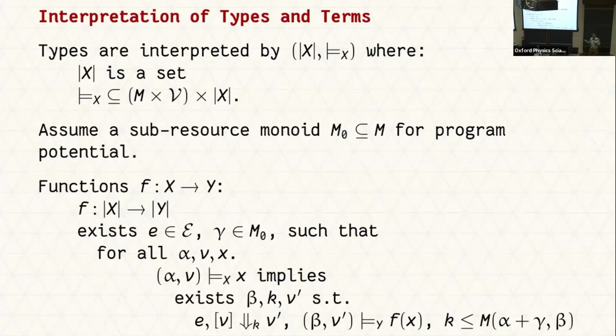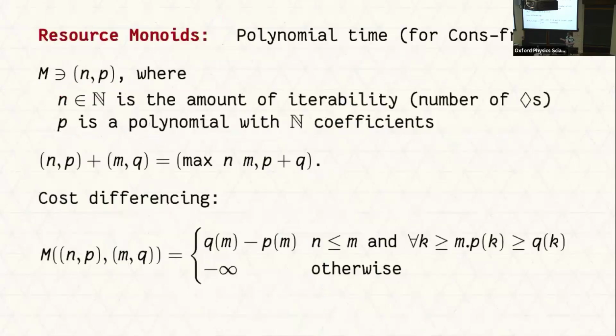This sub-resource monoid is only for top-level terms, where, in terms of the polynomial type ones, we're allowed to have a polynomial because that's the polynomial of how many steps the program will take.